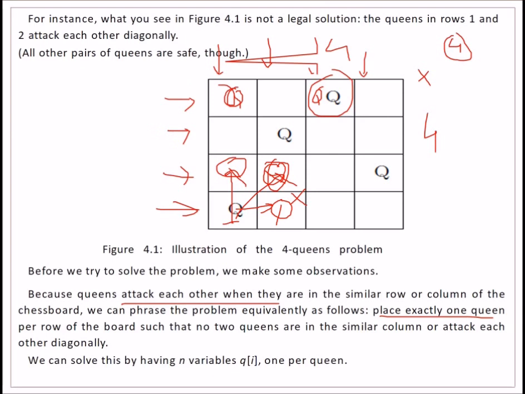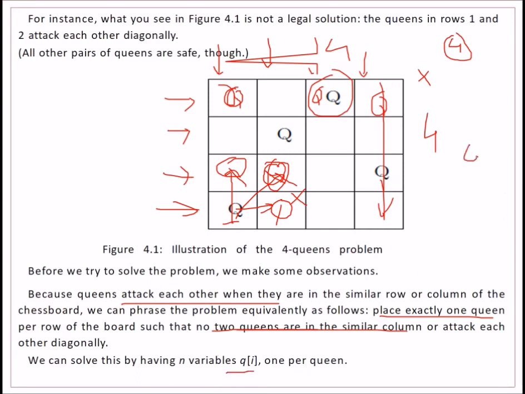Got it? No 2 queens are in the same column. We will also ensure that once I am keeping one q here, this column will not contain any other q, and this is how we are going to attack this problem. Let us start with n variables qi.